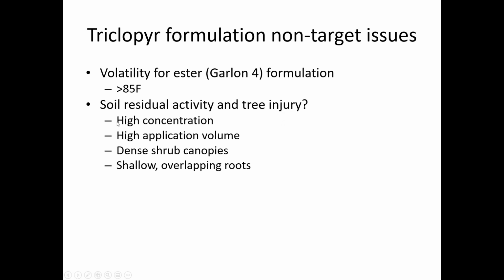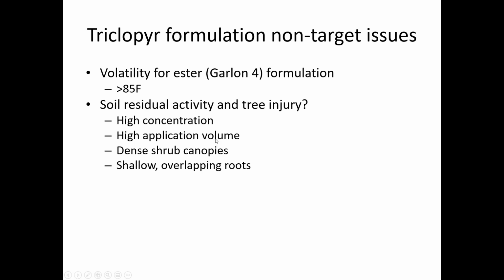However, here's a situation where we have seen injury in a number of different places now: using a high concentration in one of these Triclopyr products. So like the amine formulation at 3%, the ester formulation when you get above 2%, the same thing for the choline possibly, and the acid formulation getting up there, when you have a high concentration of those and you're using high application volumes on dense shrub canopies.